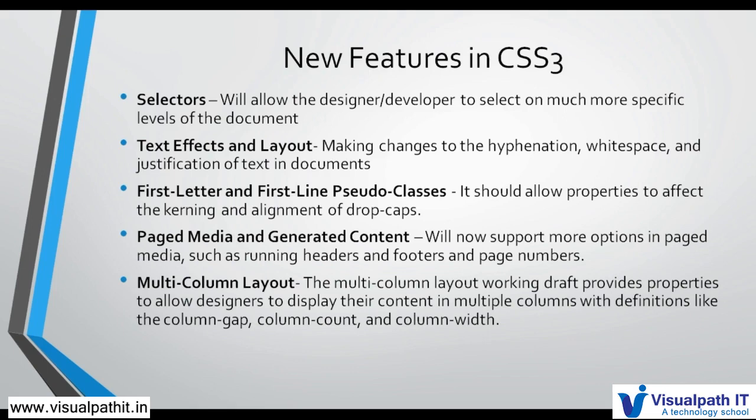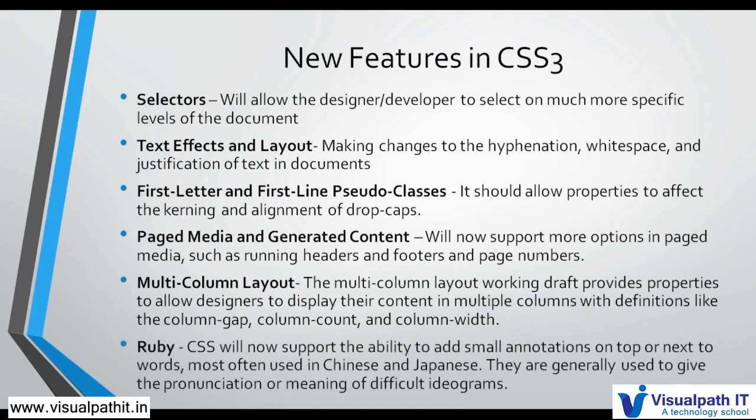Another feature is the multiple column layout. The multiple column layout working draft introduces properties to allow designers to display their content in multiple columns with definitions like the column gap, column count, and column width. And the last is Ruby.